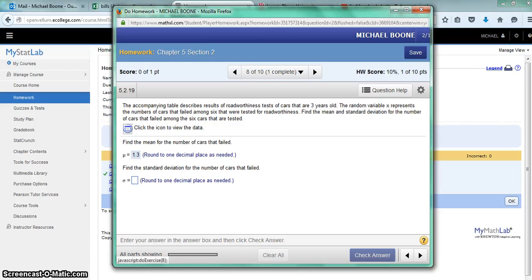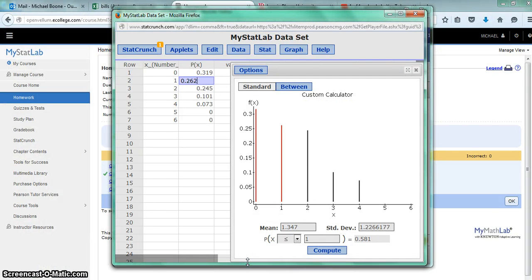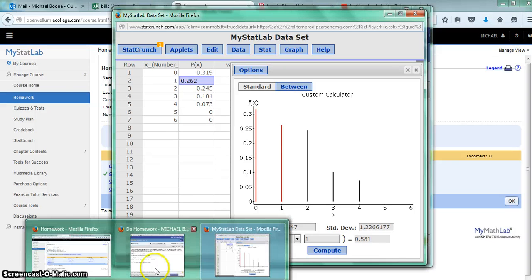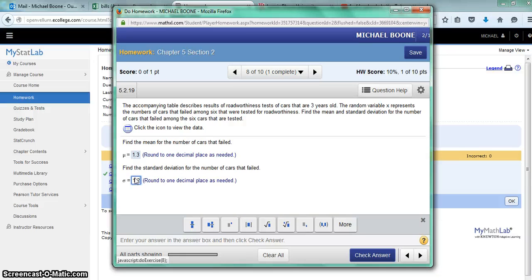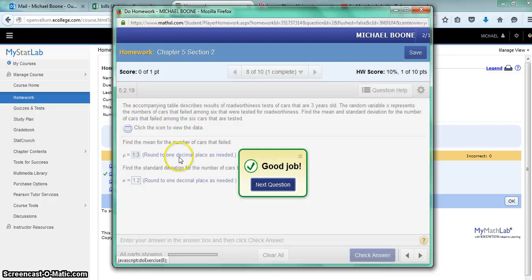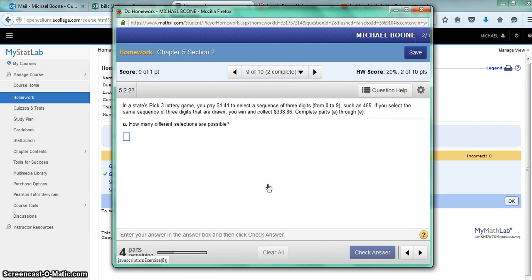Standard deviation, we've already found that as well in StatCrunch. 1.2266. So one decimal place would be 1.2. So again, we're just finding the mean and the standard deviation of the cars that failed. So that should give you a good start on section 2 of chapter 5.